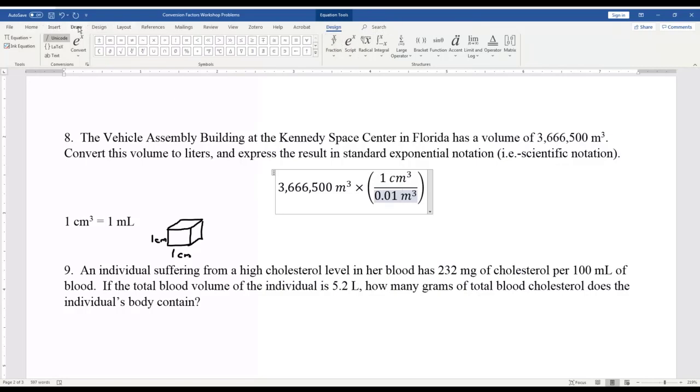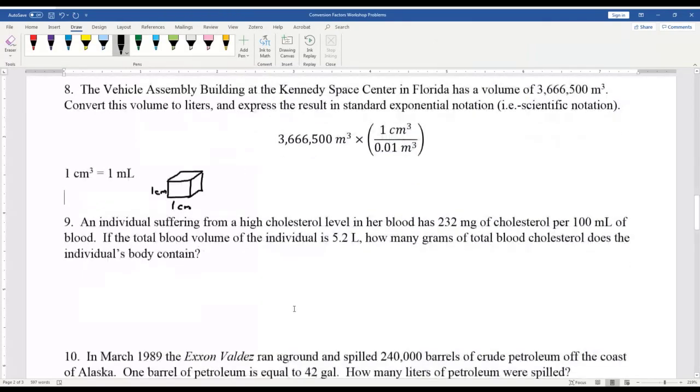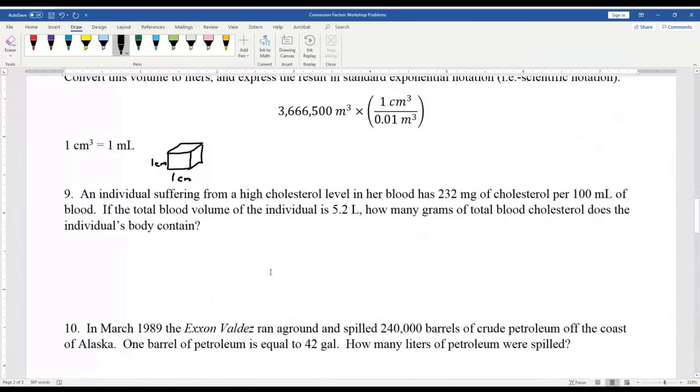If I amp that up and draw a cubic meter instead, let's say I draw a bigger one here. Okay, so here's the thing.